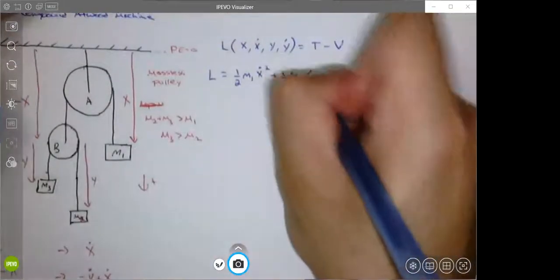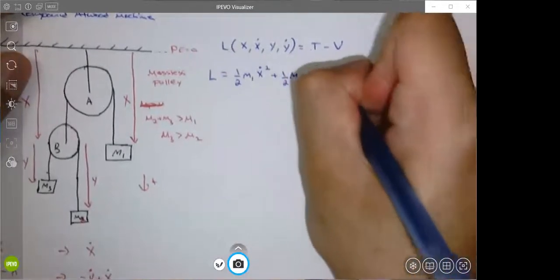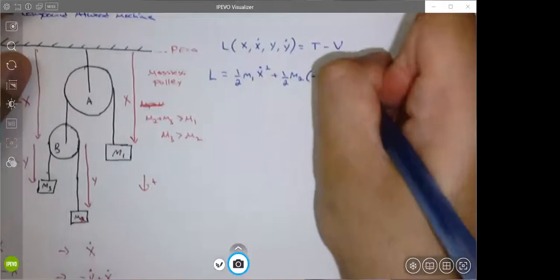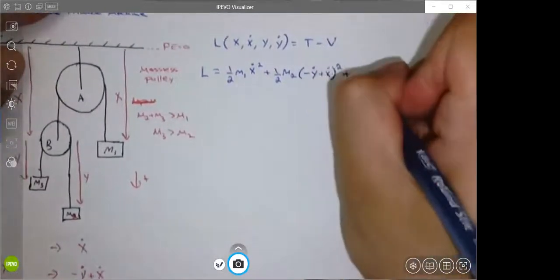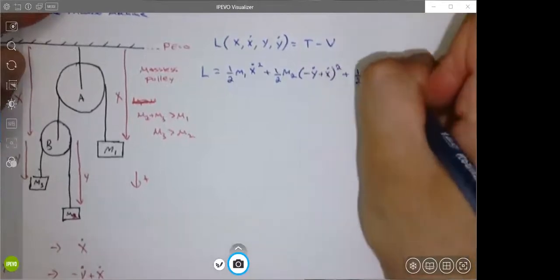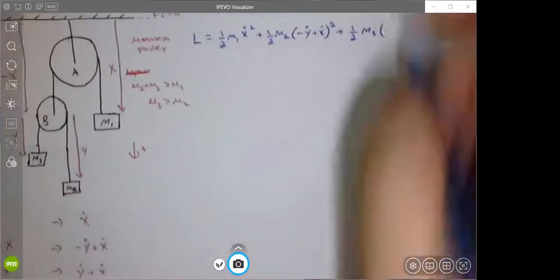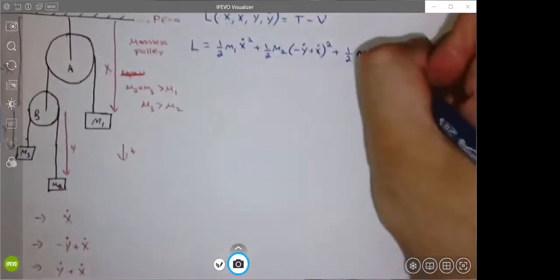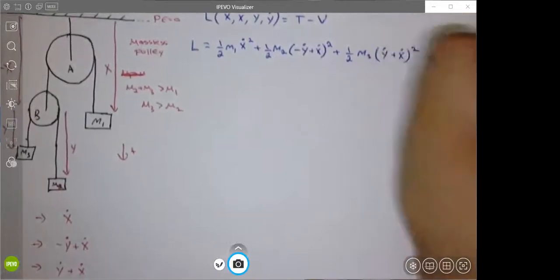So negative y dot plus x dot, don't forget to square that. Finally, we have plus the last one, which is going to be 1/2 m3, parentheses, we look down here, it's the addition of those two velocities. So it'll be y dot plus x dot all squared.